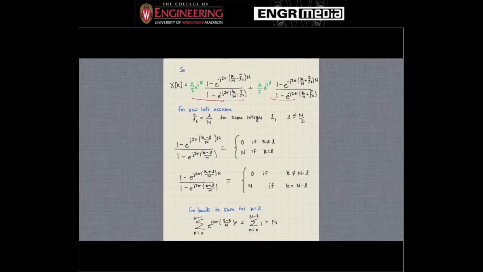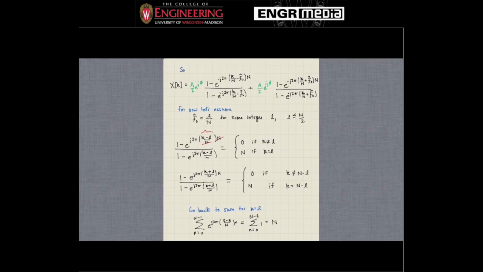When we inspect that closer, we see the following. If we look at the terms where k is not equal to L, then on top we always have this N that cancels with this N. But now k is not equal to L, so we just have another integer here.